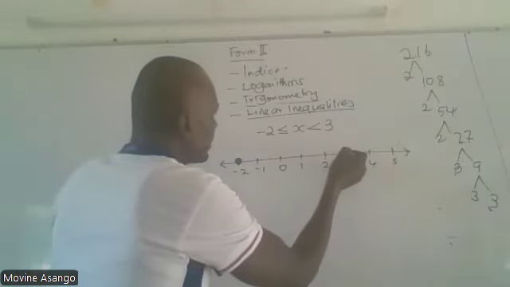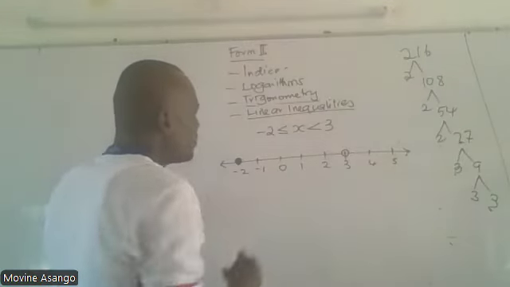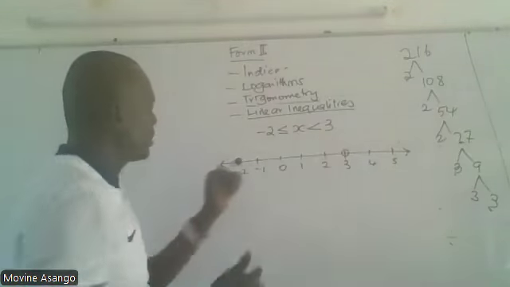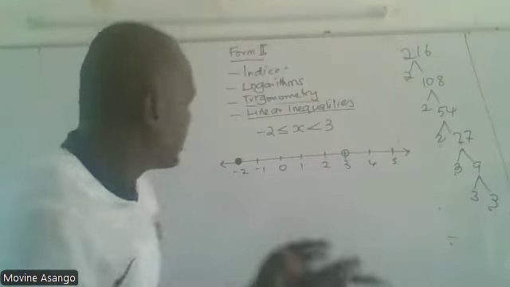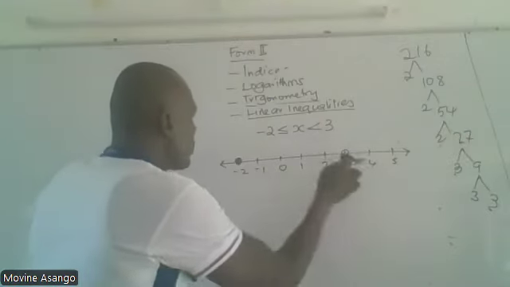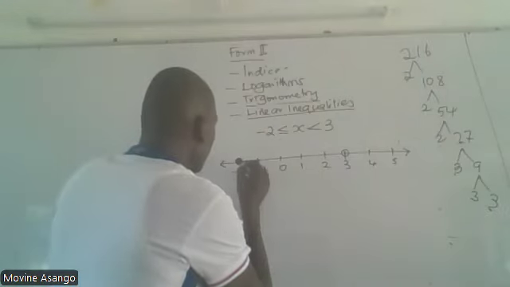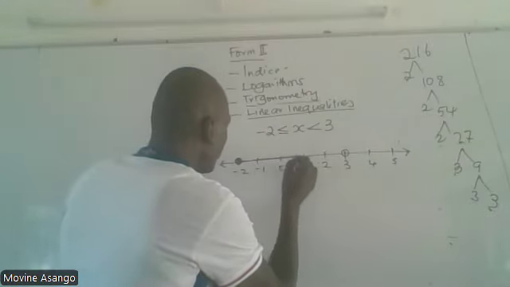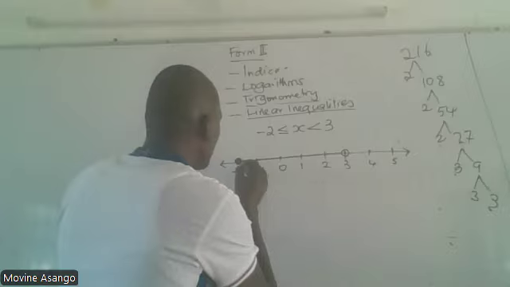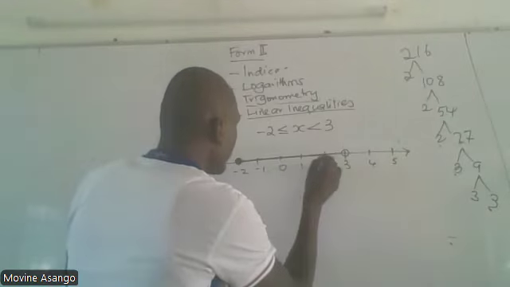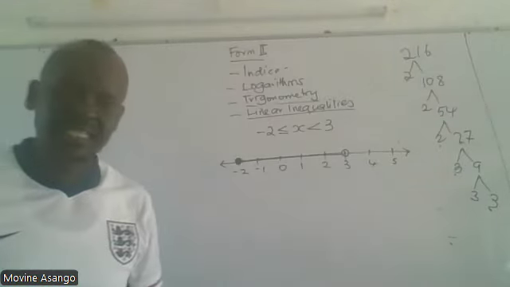It ends at 3. I circle, but I don't shade because it's not part of it. The line segment between -2 and 3, you take your ruler and make it bold. That is the number line.